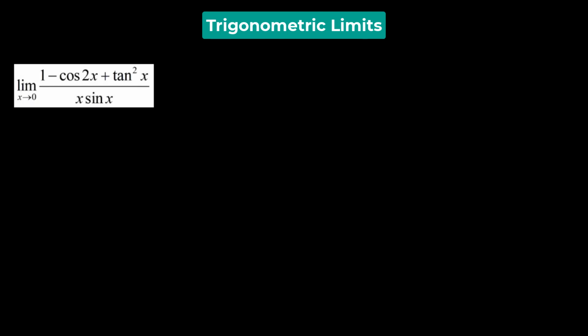So here we have the function 1 minus cosine of 2x plus tangent squared x divided by x sine x. What we can do here is substitute 1 minus cosine of 2x with 2 sine squared x, because that's an identity, plus tangent squared x divided by x sine x.